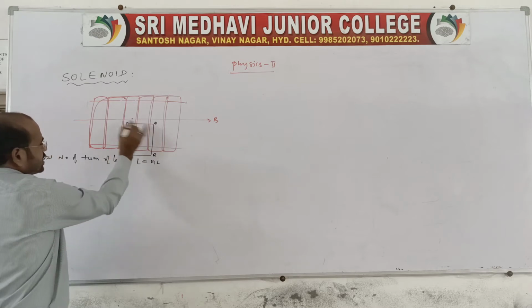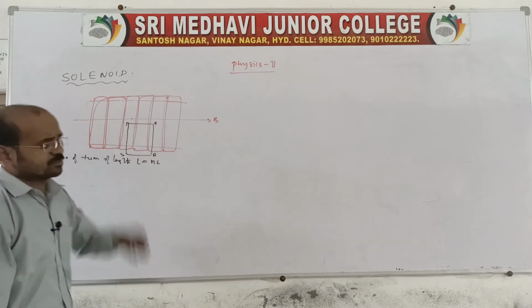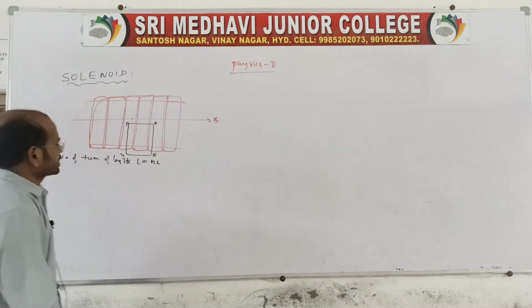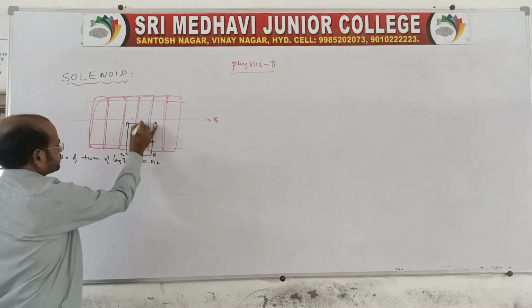Here the current is carrying through the circular solenoid, and you take the magnetic induction direction like this.